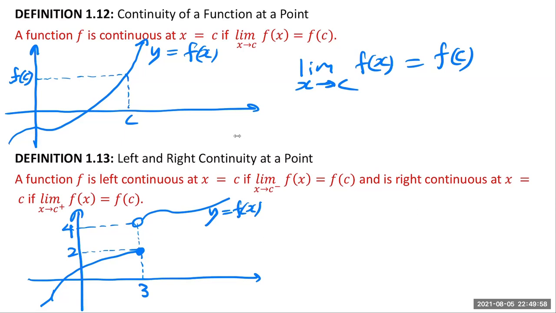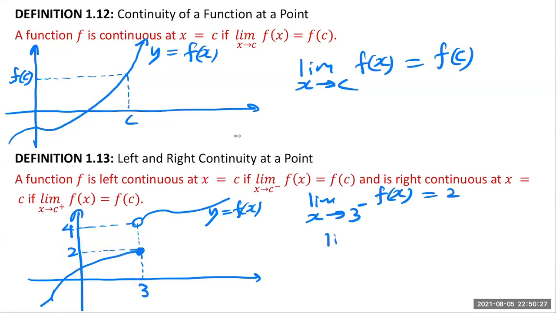To determine that, we need to compute the left limit and the right limit at x equals 3. As x approaches 3 from the left-hand side of f of x, what is my left limit? As you can see, your y value is approaching this particular y value, which is 2.